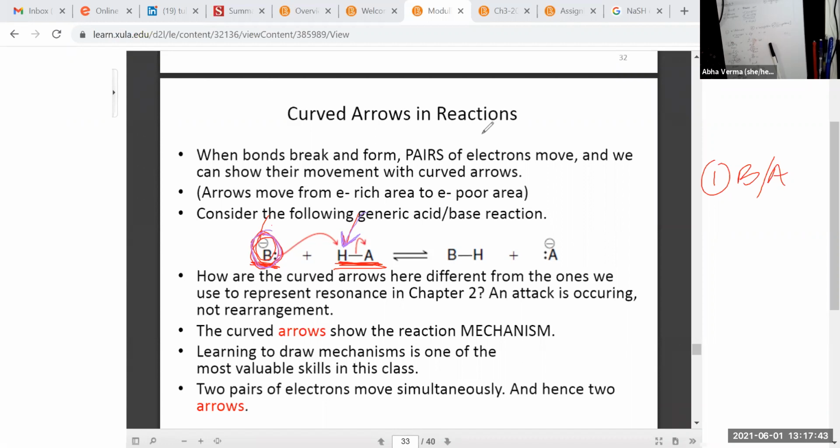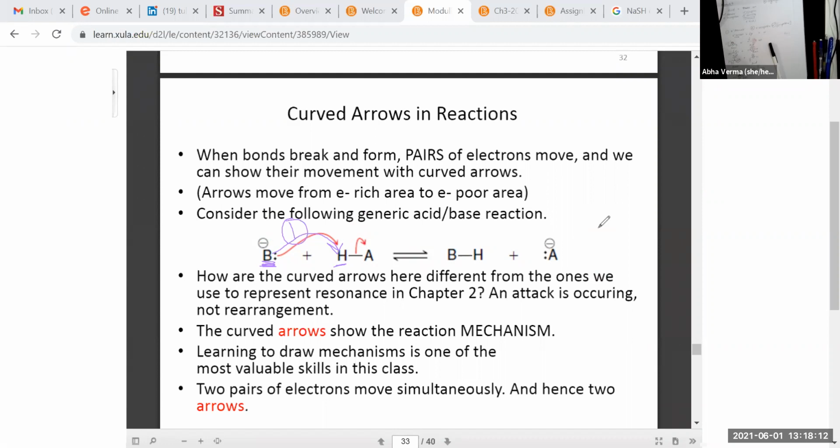So now that you have identified your base, which attacks using its electrons as the negative charge or as the lone pairs or from the pi bonds, whatever is available, the first step is from that basic atom to the acidic atom.